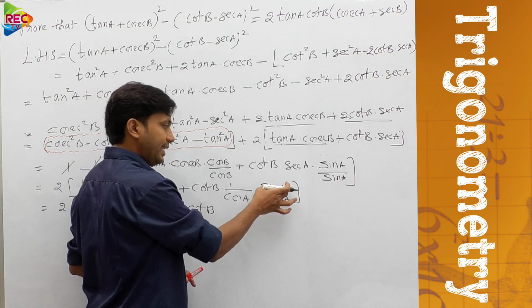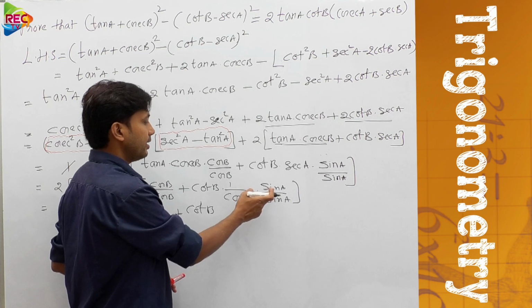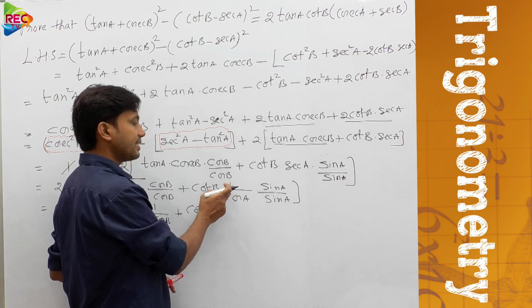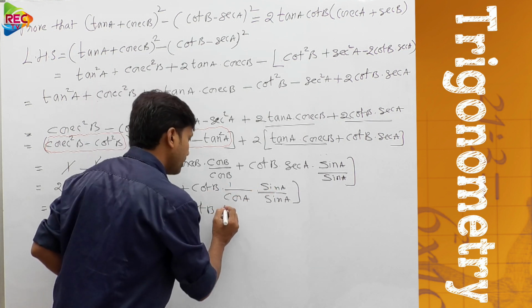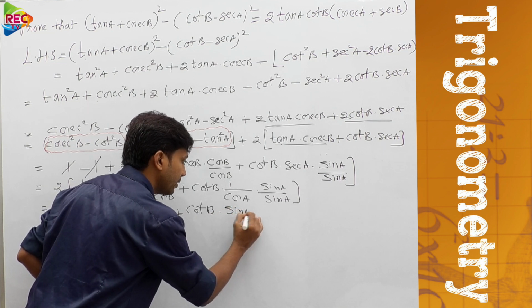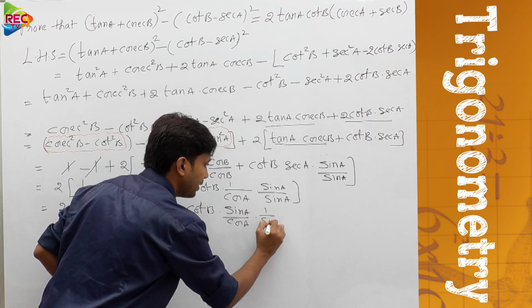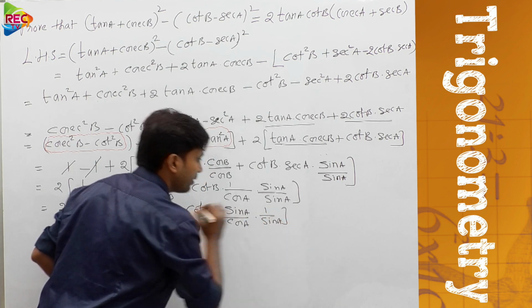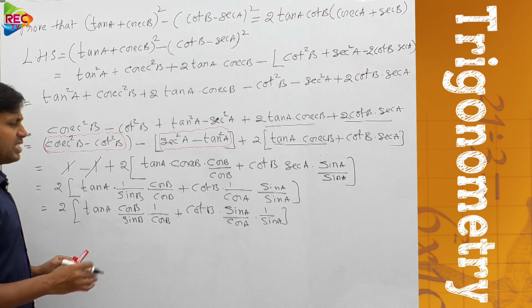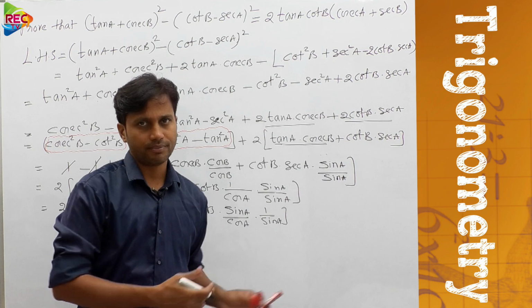Now sin A we can write in this numerator part, instead of 1 here we can write sin A. Then it is sin A by cos A into 1 by sin A, right? We have done small rearrangements in the steps of the problem.